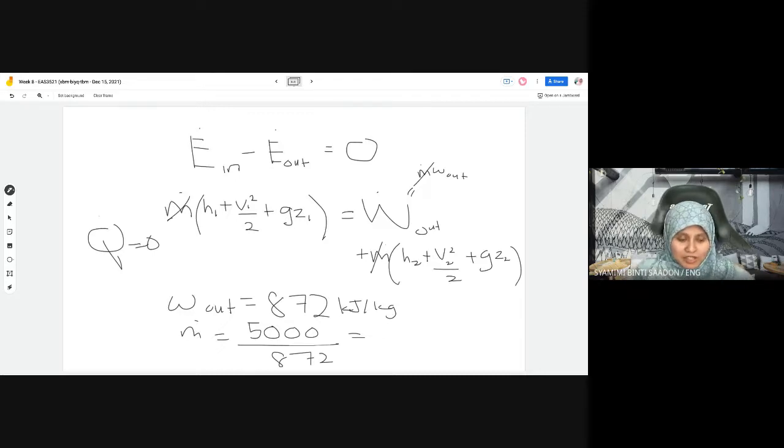Okay. Any questions for this one? Turbine, so remember, it is an expansion process: decreased pressure and we produce power output.